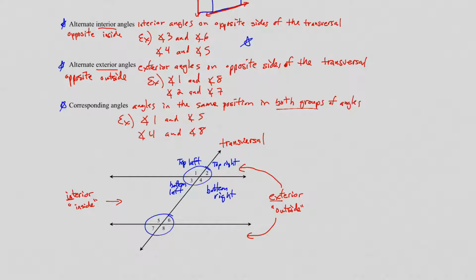So let's say angle 3 and angle 6, for example, the relationship is, for all of these, that they have the same measure. And if they have the same measure, that basically means they're congruent, okay? So angles 1 and 8, because they are alternate exterior angles, they are congruent as well.